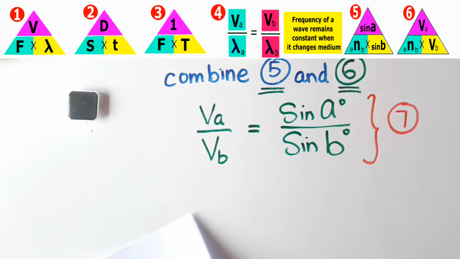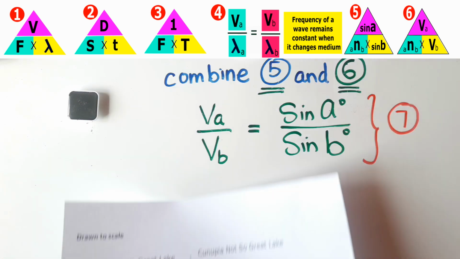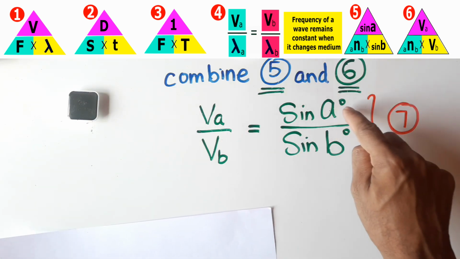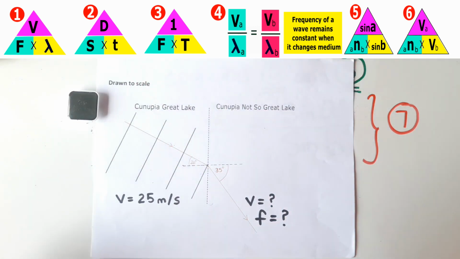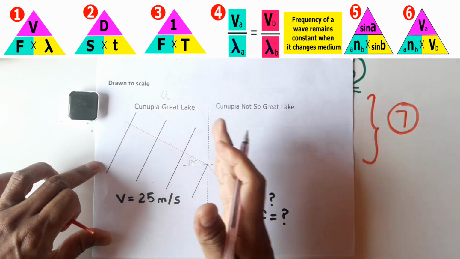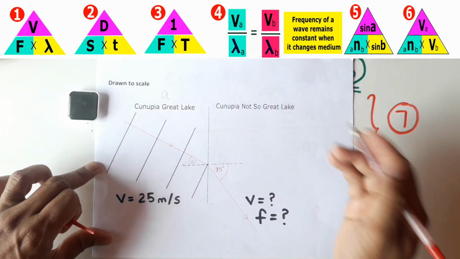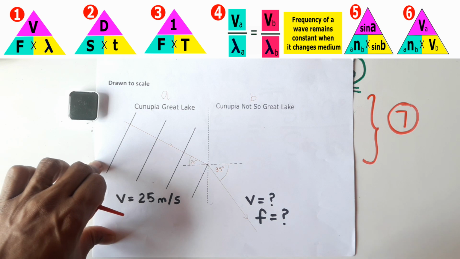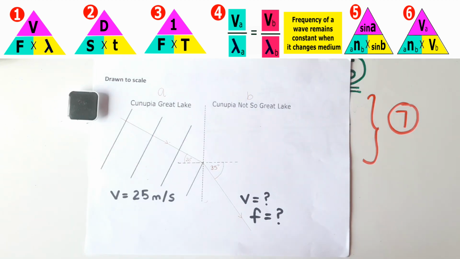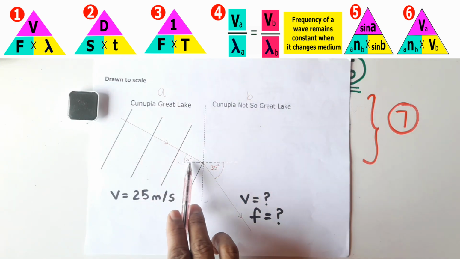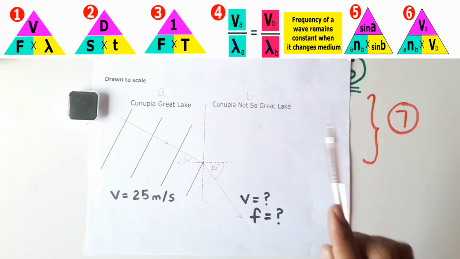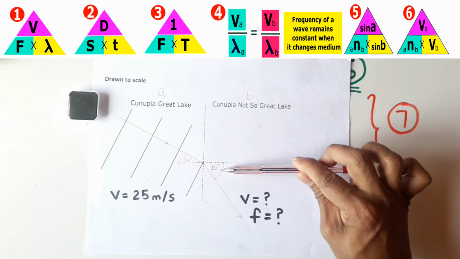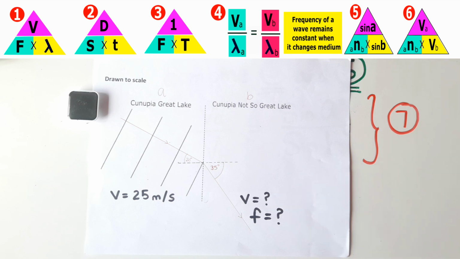All right, so let's see what's going to happen here. You'll see in your formula it has A and B and A and B. We're going to assume that everything in the Cunupia Great Lake, all its values will be A, and everything in the Cunupia Not So Great Lake will be B. So according to this, the angle A is 20, and the velocity in A is 25, and in B, the Not So Great Lake, the angle is 35, and we do not know the frequency.